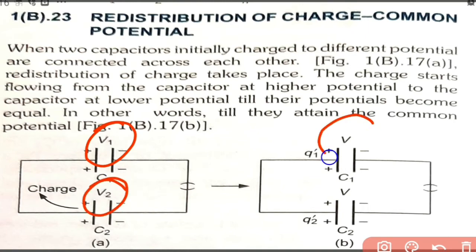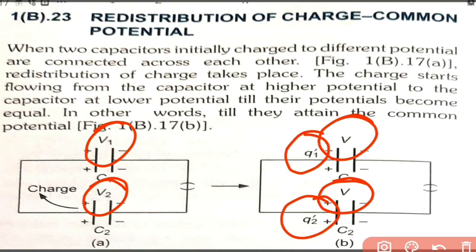After sharing, their potential become same. That's what we call common potential. So till the capacitor plates attain a common potential, they share their charges. That new charges after sharing we have written as Q1 dash and Q2 dash. So charges before sharing and charges after sharing will be different. Got it?